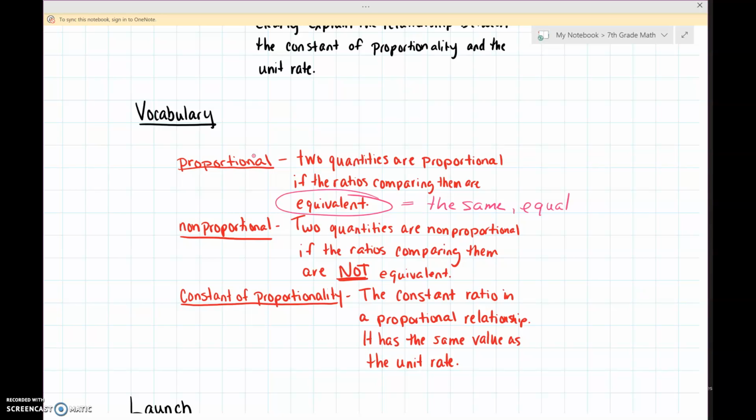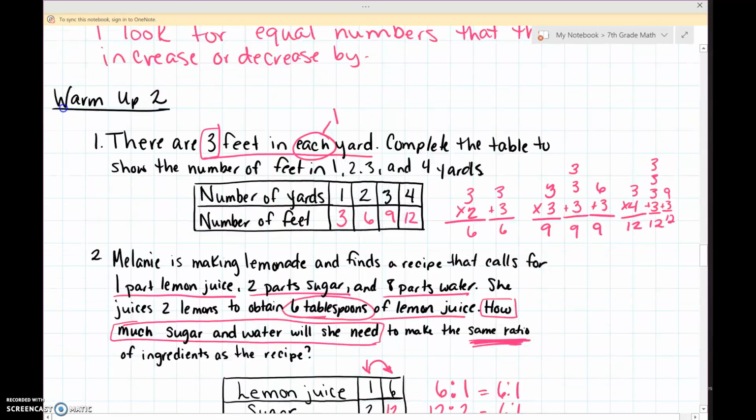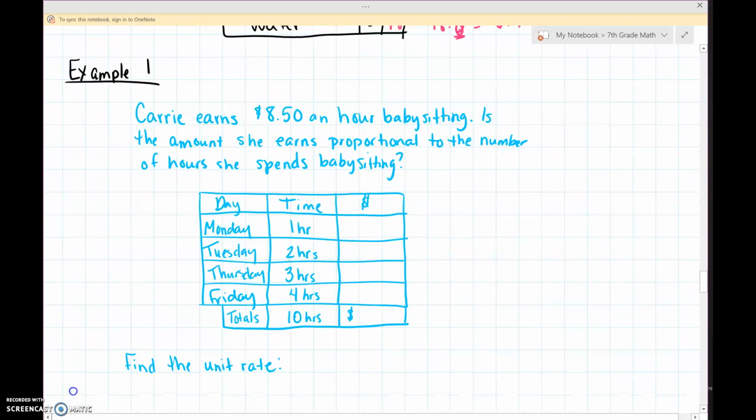Non-proportional means they are not equivalent. And constant of proportionality is the ratio value between two items that are in a proportional relationship. It has the same value as the unit rate.